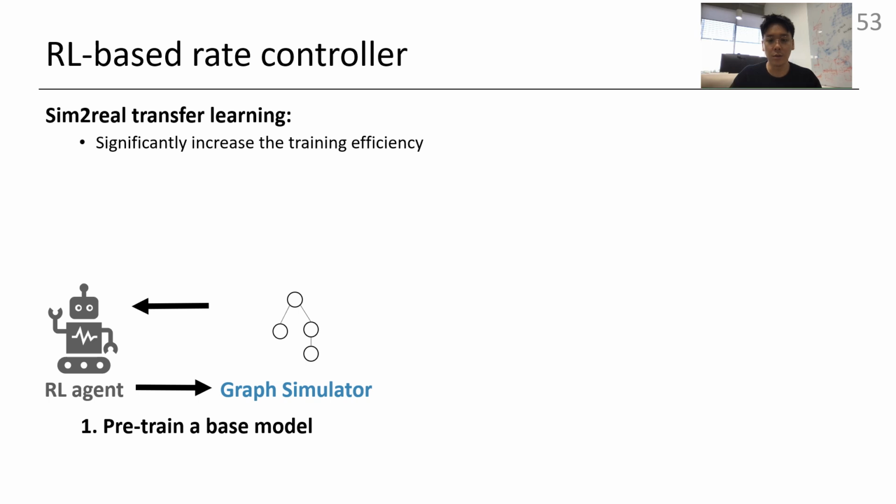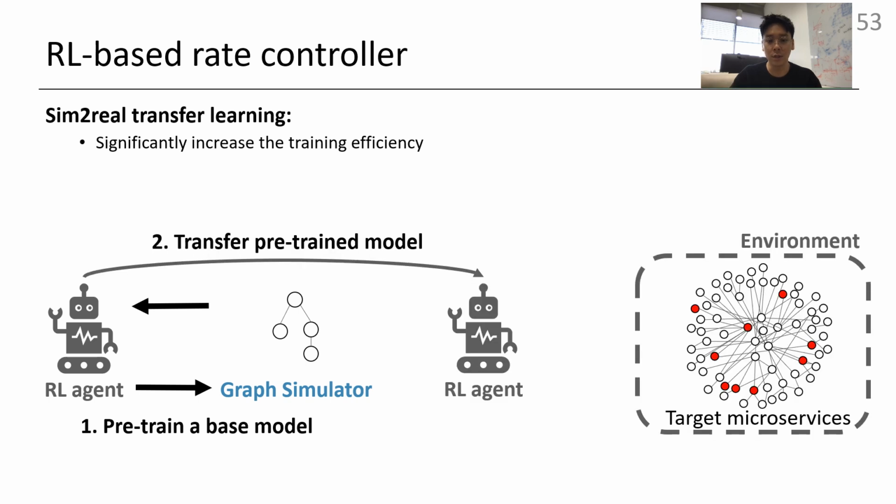During the initial phase of the training, the RL agent makes mostly random actions and collects very low reward throughout the episode. With this simple simulated environment, we train RL to learn basic sensible actions. Once it learns a base point model, we transfer the pre-trained model to the target microservice, then fine-tune the transferred model to learn the application-specific characteristics.